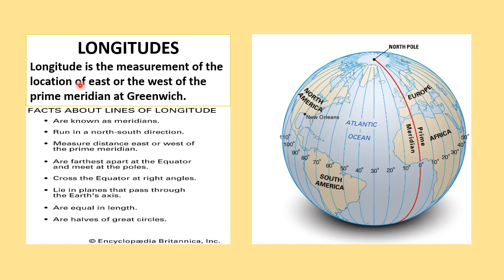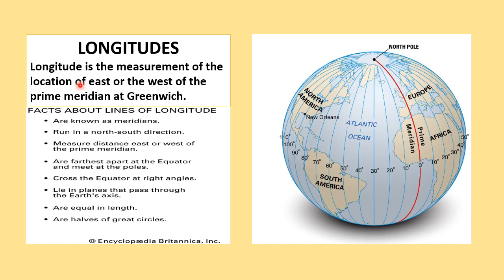The other countries in Africa are Algeria, Mali, Burkina Faso, Togo, and Ghana, through which the Greenwich Mean Time line, that is the prime meridian, passes. As the latitudes are called parallels, the longitudes are called meridians.